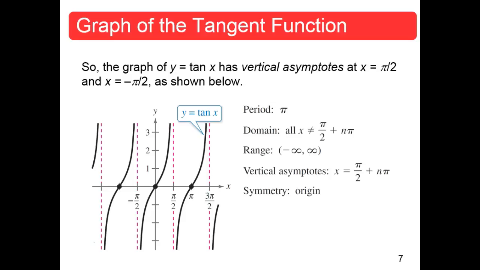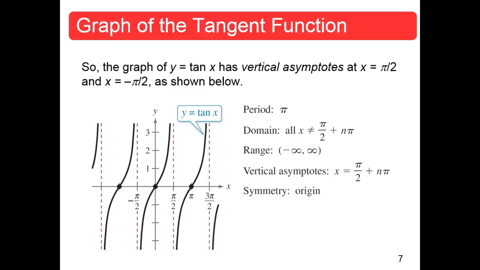Okay? Now, here's something different about tangent and cotangent. Sine and cosine, what was your period? 2 pi. Secant and cosecant, they're reciprocals of cosine and sine, so they're 2 pi. But tangent and cotangent, they repeat themselves every pi. And here's why.